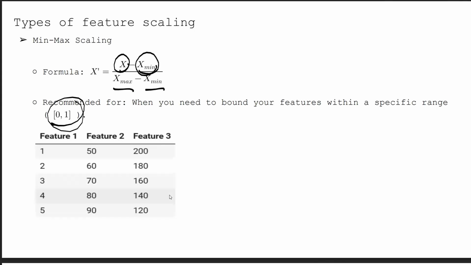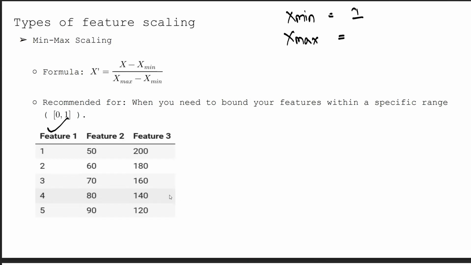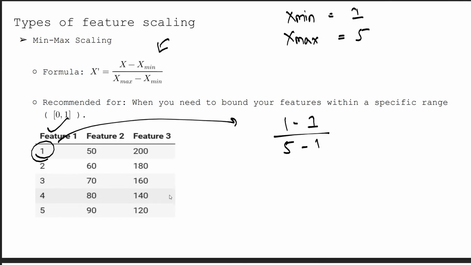So if we look at the same example that we took before, and let's again do the transformation on the feature 1, then the x min here would be 1 for the feature 1 we are doing, and the x max value here would be 5. If we follow the formula and do the transformation, this 1 will be transformed as 1 minus 1 divided by 5 minus 1, because 1 here is the minimum and 5 here is the maximum, so it would be 0.